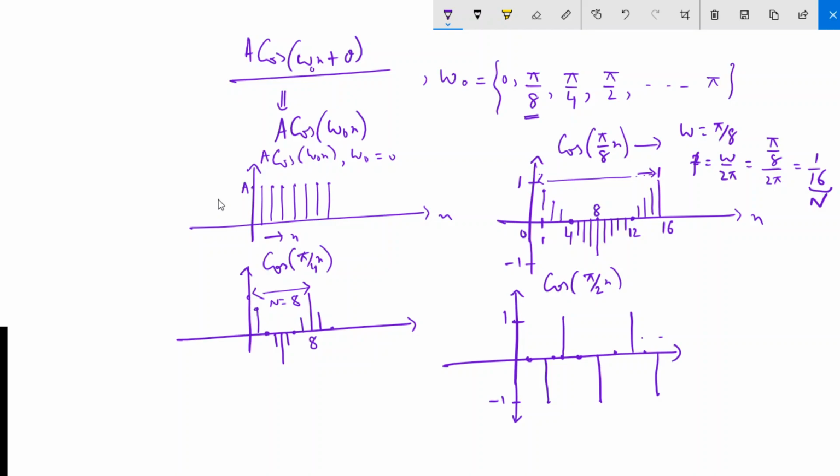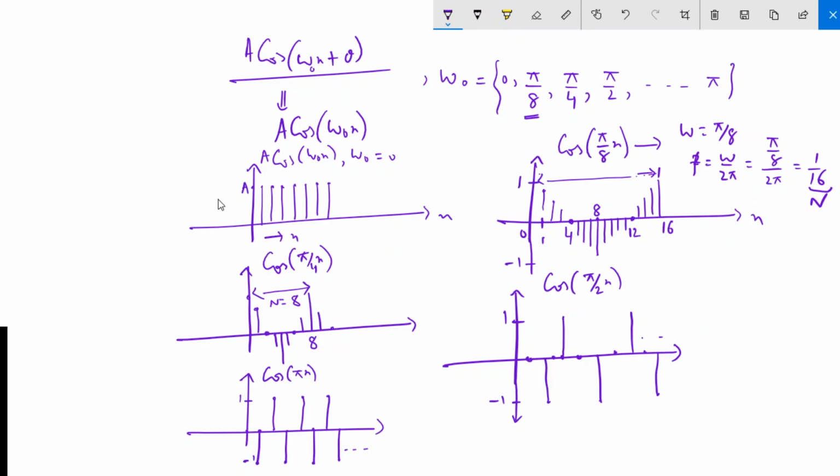Okay, because when you plot cos of pi n, at n is equal to 0, you are getting 1, at n is equal to 1, cos of pi is minus 1. Okay, then 1, then minus 1, then 1, then minus 1, 1, minus 1, and so on.